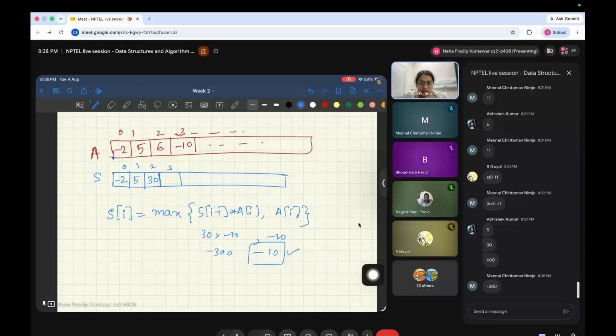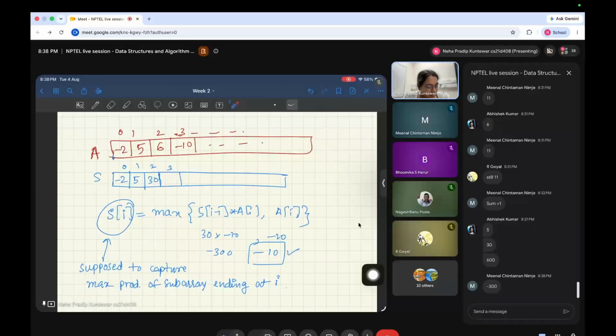But what is the correct answer? This is supposed to capture the maximum product of subarray ending at I. But as some of you answered in the chat, if you multiply all four of them, what is the product you get?